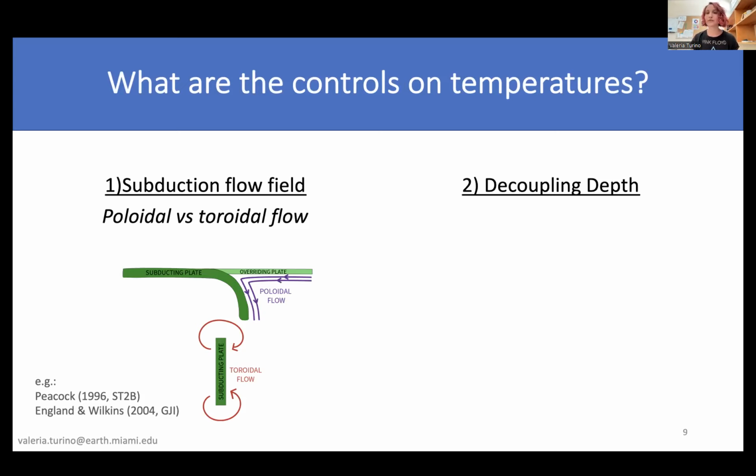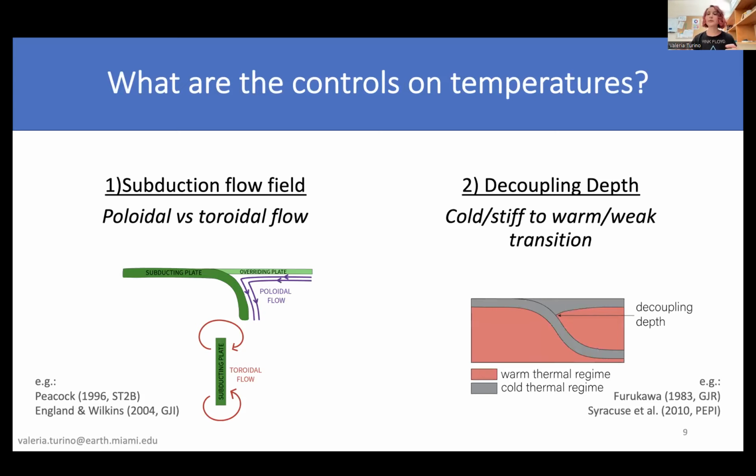And then we're going to have a look at the coupling depth. So the coupling depth is that depth that marks the transition between the plate interface, where we have a cold thermal regime, and the wedge slab interface, where the slab is in contact with the mantle wedge, and we have a warm thermal regime there.